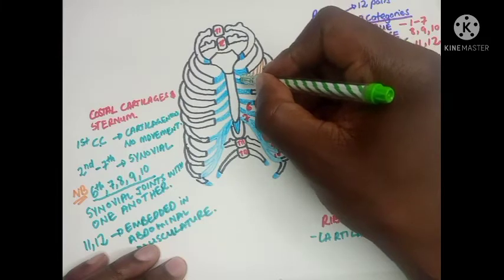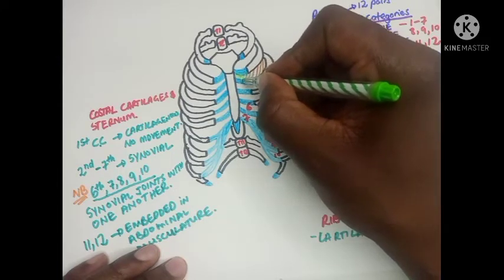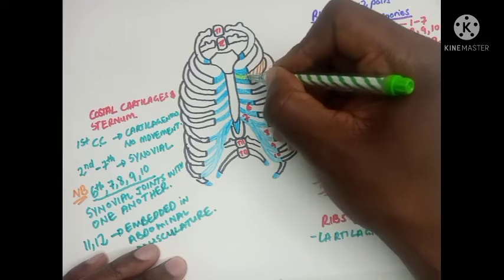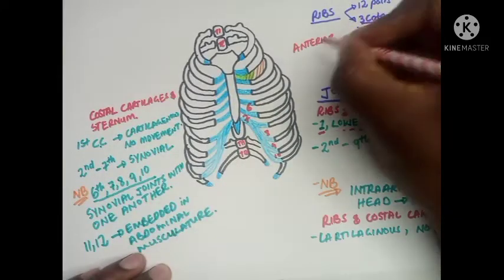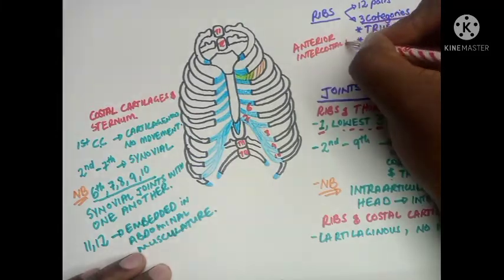So there's an area where the muscle doesn't continue and it is finished by an intercostal membrane, which I indicate in green like this. This is called an anterior intercostal membrane.